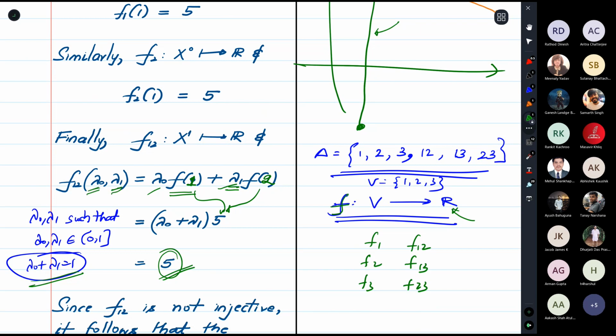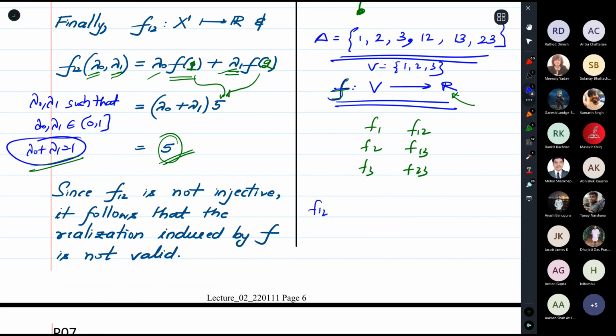That is the key thing, which means that f12 maps the whole of x1 to just this set 5 over here. So if I ask you whether f12 is injective, clearly it is not, because all the points in x1 get mapped to 5. So it's clearly a many-to-one function, and consequently f12 is not injective.